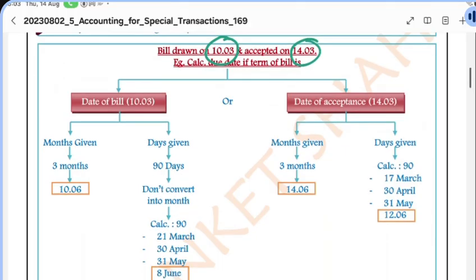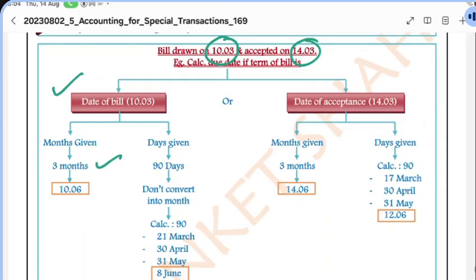Now, calculation of due date if the term of the bill is given in months, say it is a 3 months bill.